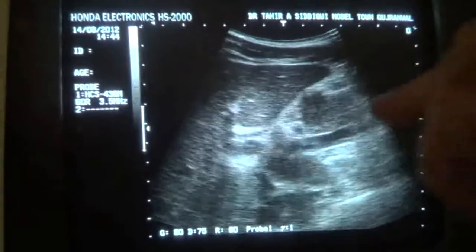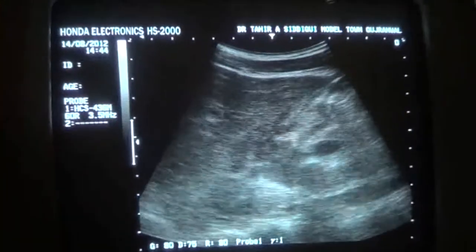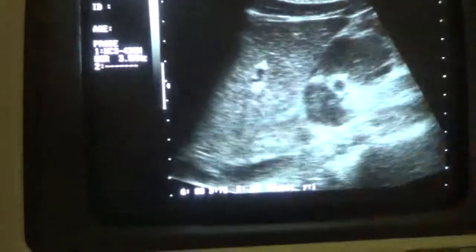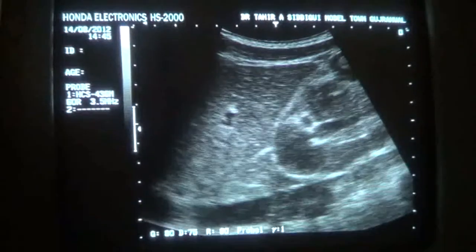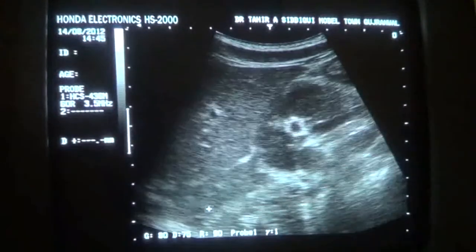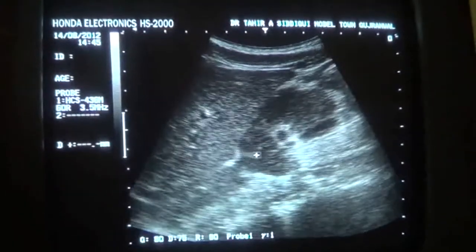Now you see, this area looks like a lymph node, and this one is again a lymph node. This is the caudate lobe, this is the ligamentum venosum, this is the IVC, and this is the lymph node.